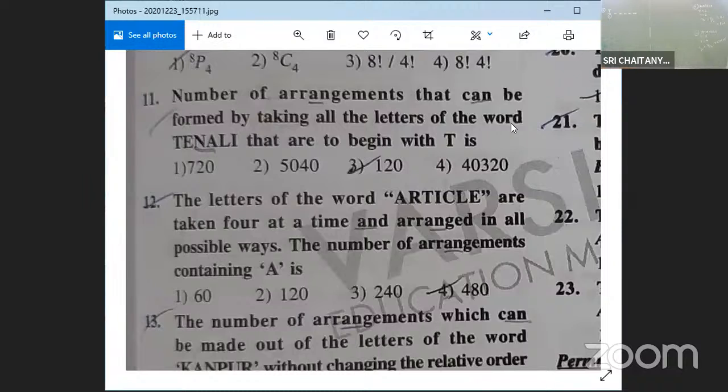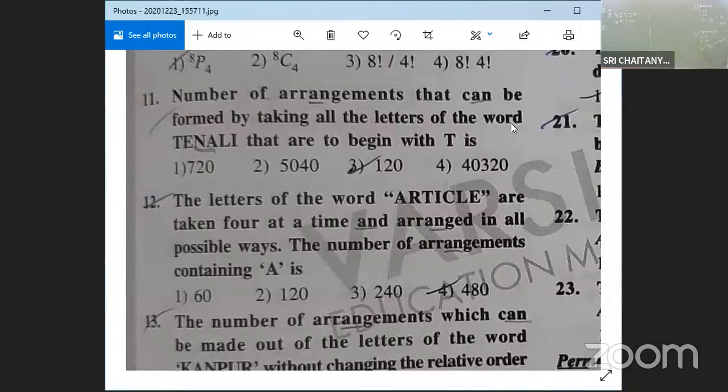And the remaining five places are there. You can fill up this in 5 ways, 4 ways, 3 ways, 2 ways, and 1 way, which is equal to 5 factorial into 1, which is equal to 120, right?